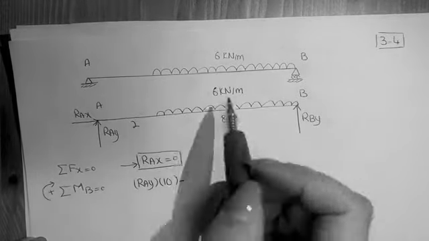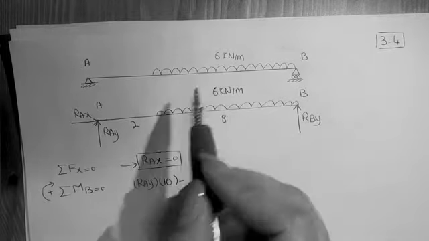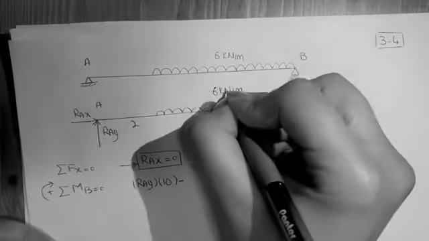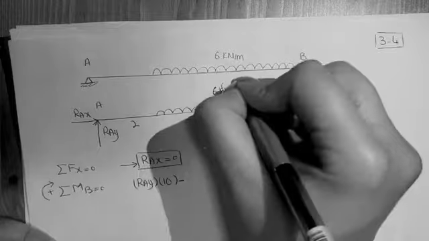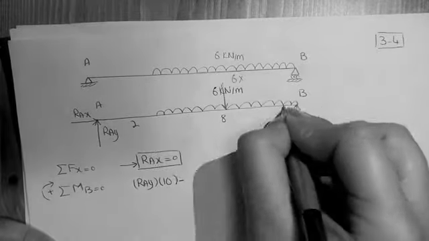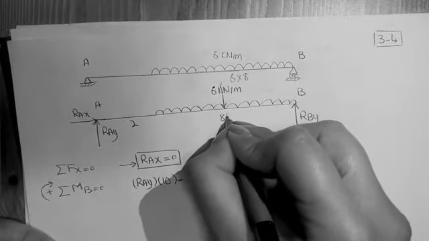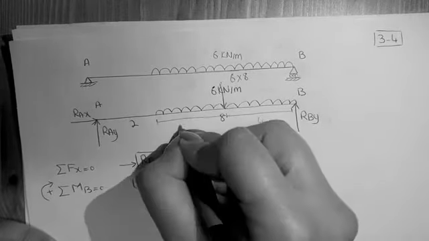minus the moment created by this distributed force. Again, we are going to substitute it with a single concentrated force of 6 times this distance, which is 8, at the middle of it, here is 4 and here is 4 too.